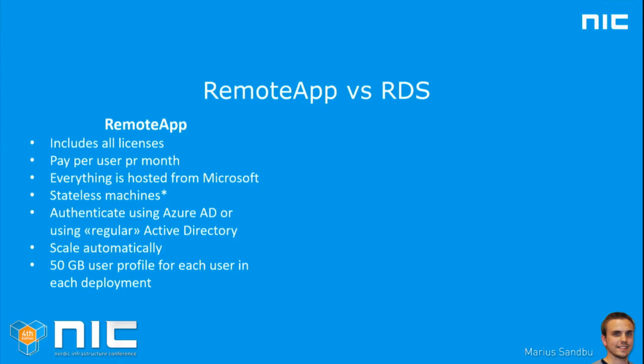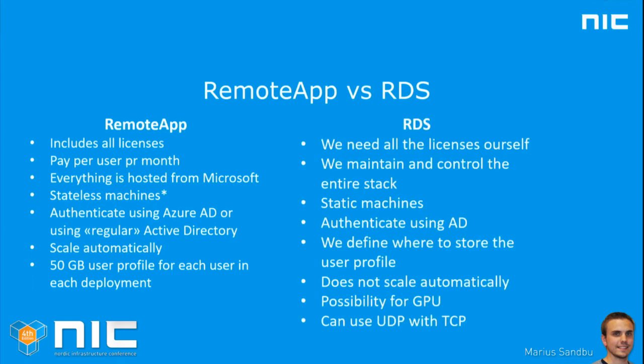The machines are stateless, meaning that they might disappear and Microsoft might provision new virtual machines if they need to patch or do maintenance. Users can authenticate using Azure Active Directory, Microsoft accounts, or a hybrid account. It scales automatically, with a 50 gigabyte profile disk per user per deployment.